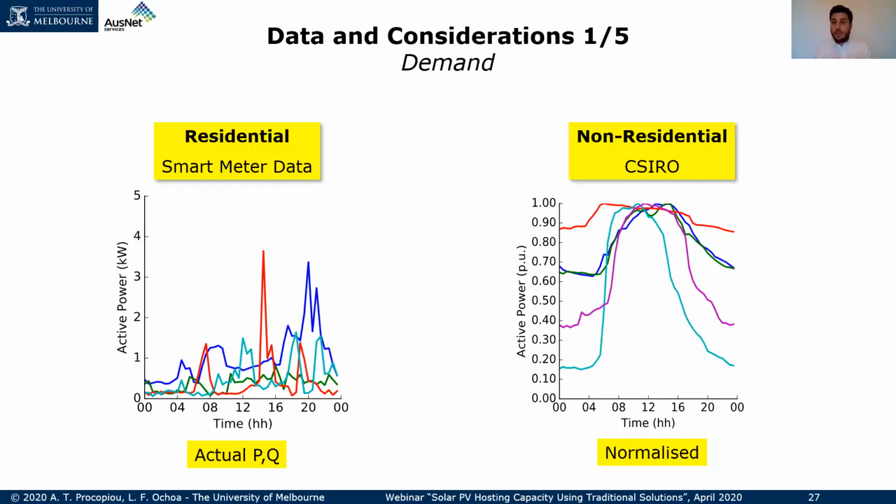For that, we are referring to P and Q values that we have extracted from smart meter data, and we are using this information to model the demand behavior of residential customers.